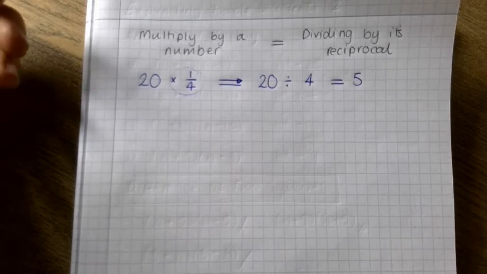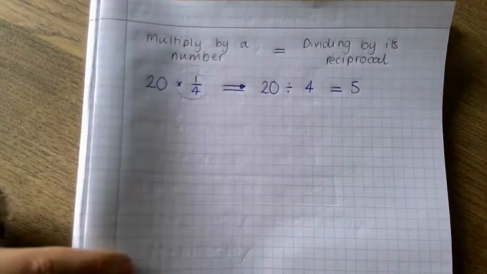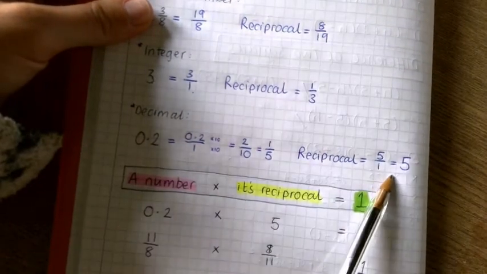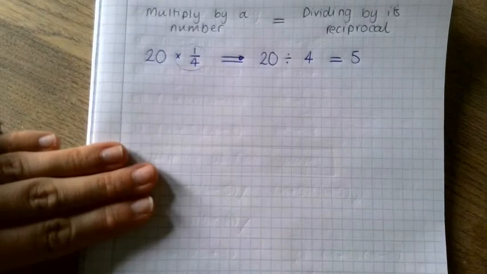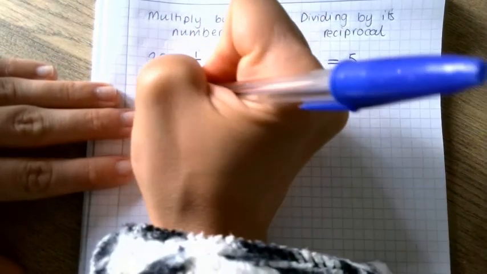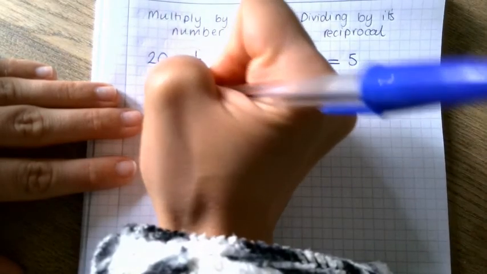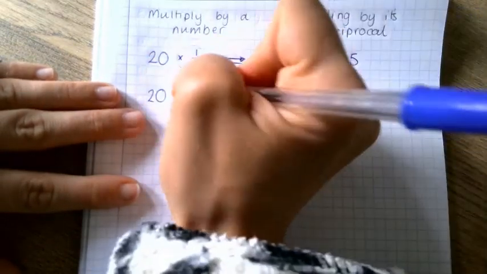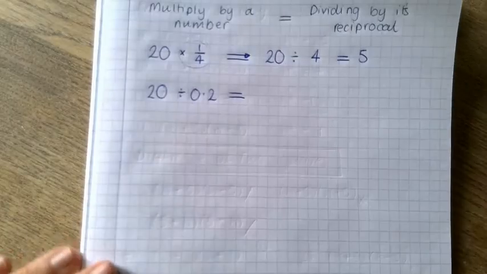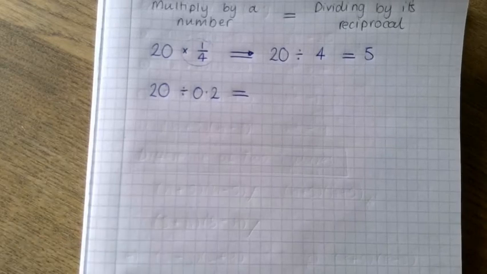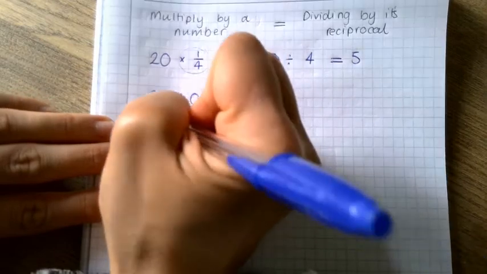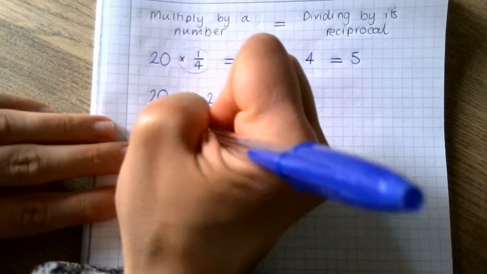You know, you can even do this with decimals. So, over here, we found that the reciprocal of 0.2 was 5. So if I had to do 20 divided by 0.2, you might be thinking, oh, okay, I can use my methods that I've learned, where I do 20 over 0.2 and then I multiply to get 200 over, and so on and so on.